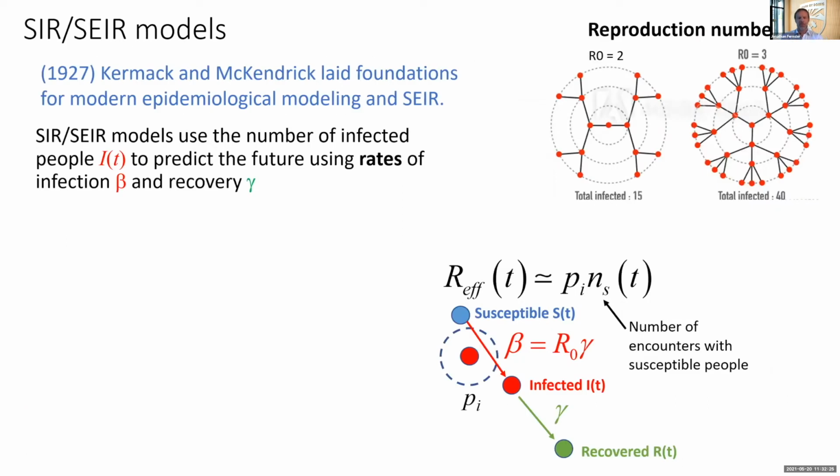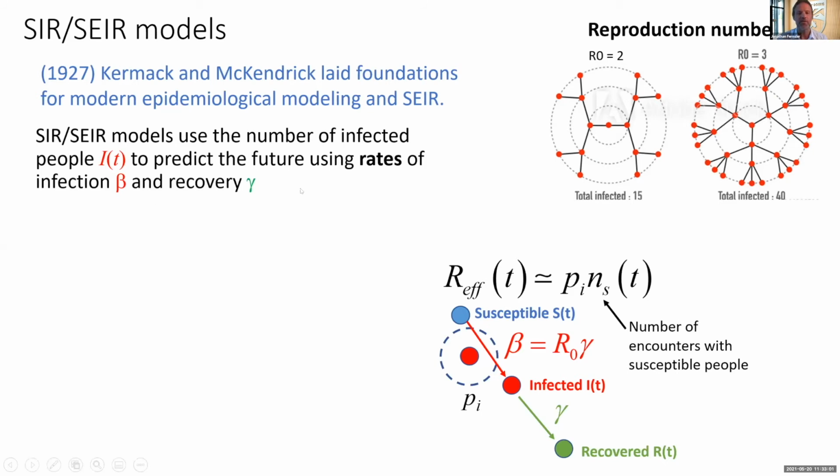So these models, in a very brief description, automatically classify the population into those categories of susceptible, infected, and recovered. And they use the number of infected people to predict the future infections. They do this by using rate type parameters that are related to the famous reproduction number R0 that I think probably everyone has heard of in the media at some point.